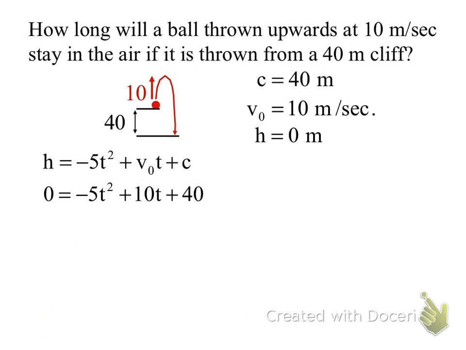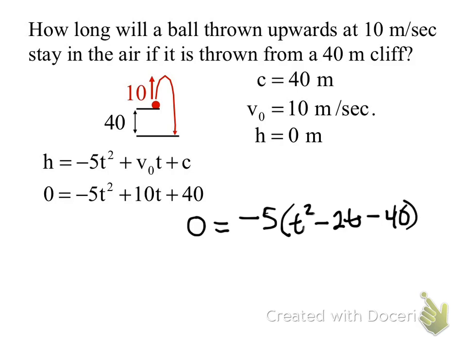All right, so another student asked, well, how did we get that? Remember, we're going to factor this. So, like I said, we can factor. You can factor like this, divide out a -5, and we're left with t squared. Take out the GCF: t squared minus 2t minus 40.